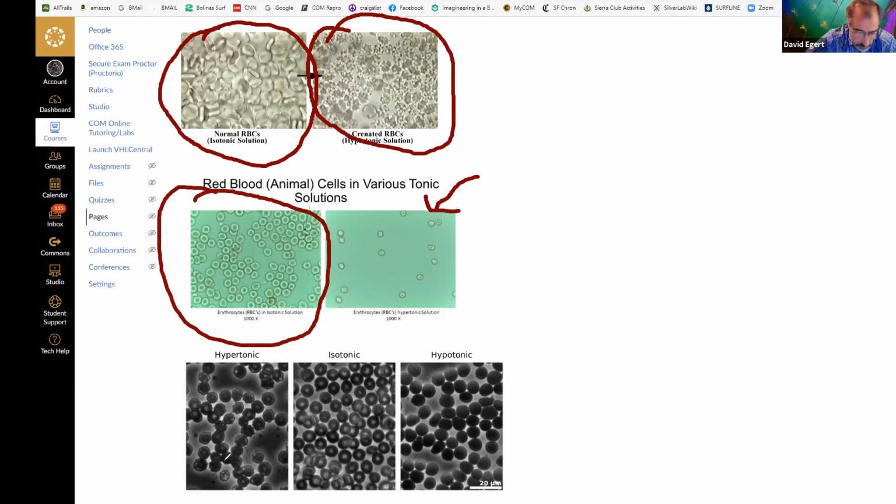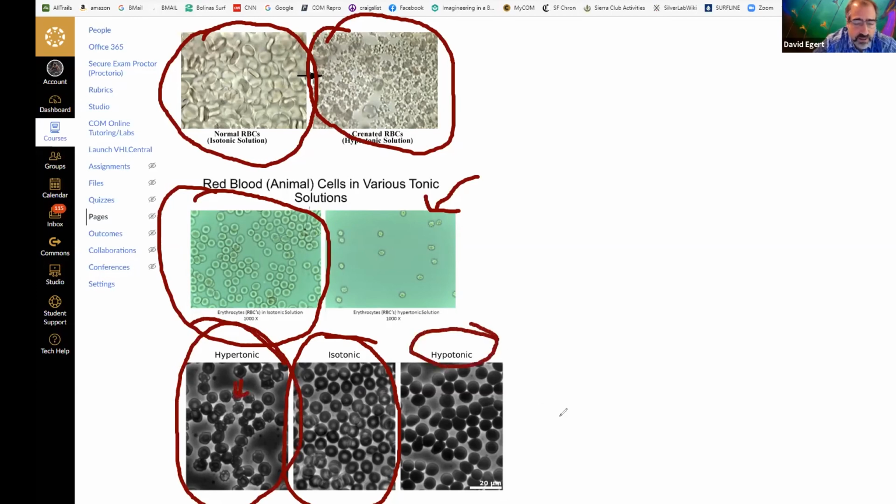This next one on the bottom is showing isotonic, normal round cells with a little pucker. Hypertonic, where they are shrinking and getting to be these little pufferfish. Hypotonic. What can you tell me about the nature of this hypotonic solution?